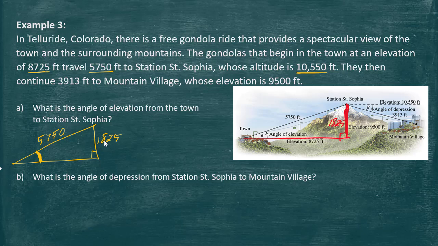And if I go ahead and look at what I have, it looks like I have the opposite side and I have the hypotenuse, so that should be a sine ratio. Let's go ahead and just name that theta just for the heck of it. So it'd be sine of theta should equal that ratio of 1825 over 5,750. And just like the previous example, I would go ahead and just do the inverse sine of that ratio. Let's bring the calculator into the problem.